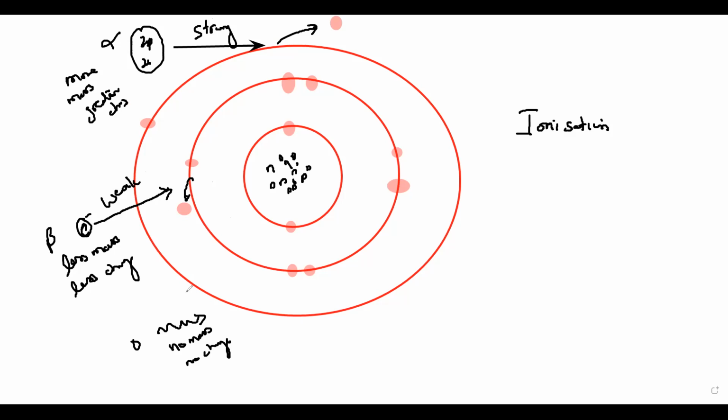And when we have gamma radiation, its capability is very, very weak. So when we compare the ionizing power, meaning the ability of these radiations to knock out an electron from an atom, alpha is the strongest, followed by beta, which is weak, and gamma is very weak.